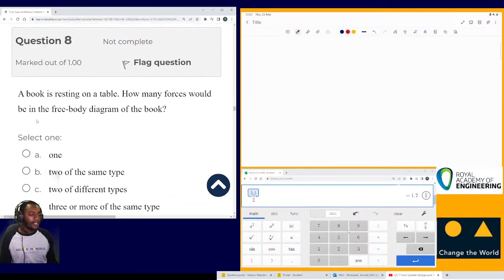So question 8 says, a book is resting on a table. How many forces would be in the free body diagram of the book? Okay, so this is question 8. Would you want to try that one? So we have a book.